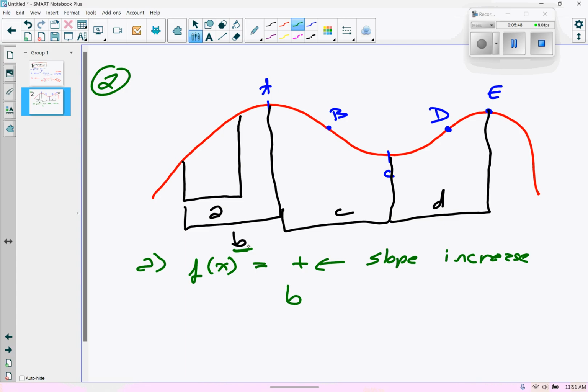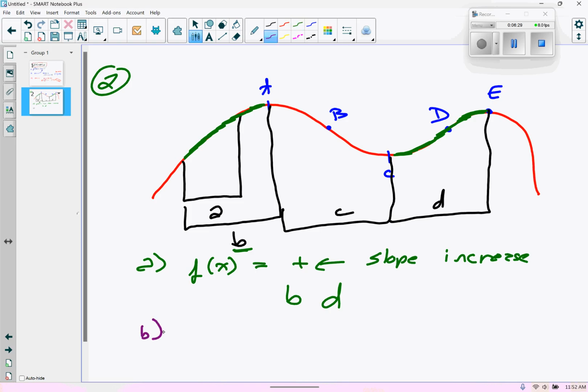It's also increasing on A, but if I use B, B includes that whole thing. And then it's also increasing at D. So this region here is where our graph is increasing, and also here. What that's going to start leading us to is something called a sign line, which from a derivative will give you an indication of what the original graph would look like. You won't know the exact value, but you can give a pretty good guess.